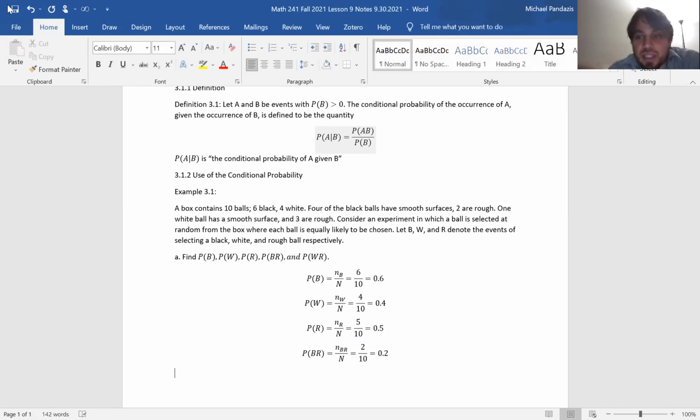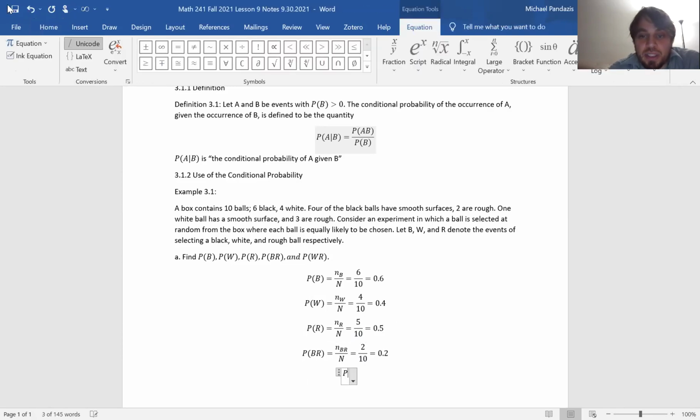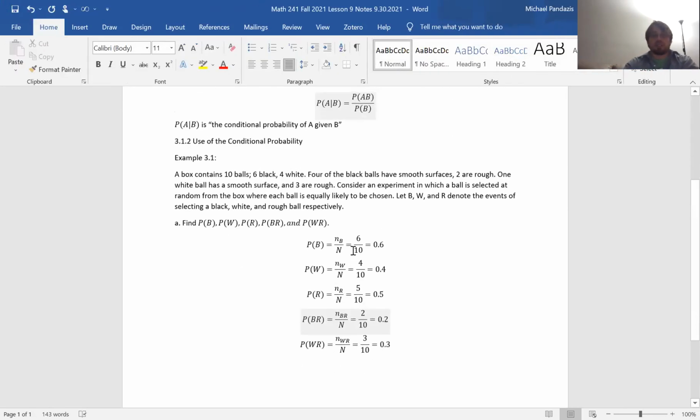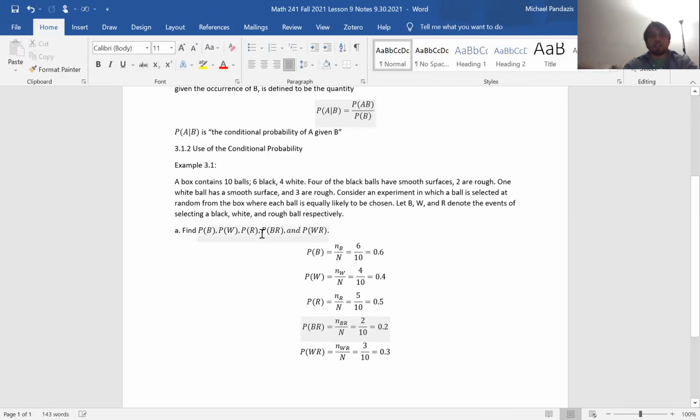The last one is the probability of a white rough ball: 3 rough white balls divided by 10, that's 0.3. So those are those 5 probabilities. Part A is just finding those 5 probabilities from the earlier theorem, so there's nothing new here in part A.